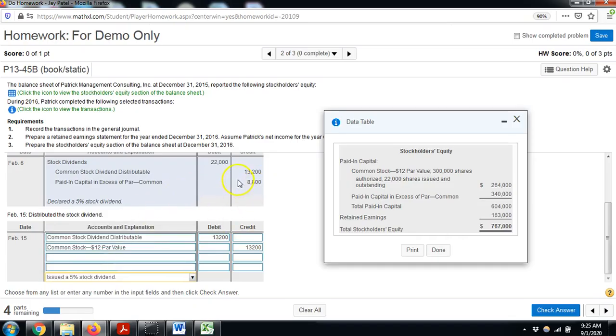And again, the excess amount was already captured here in this paid in capital in excess of par. So in this actual distribution of the stock dividend, we're just dealing with the par value.